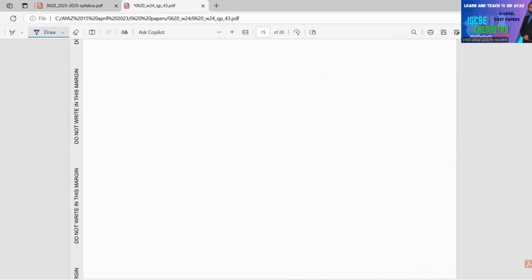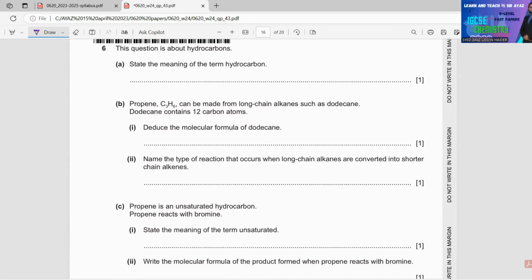Moving to next question, which is the last question of this paper. Question number 6. This question is about hydrocarbons. A. State the meaning of the term hydrocarbons.